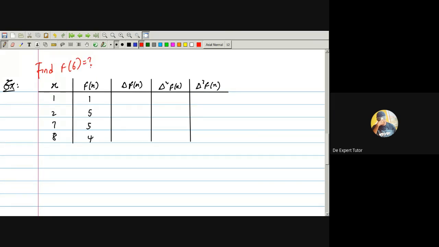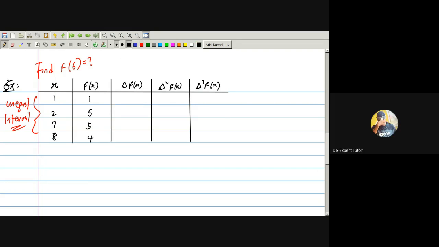You can see that the values are on equal intervals. So divided difference can work for that, and Lagrange interpolation can also work for that. But now what do we do? Don't forget, we are going to find what will be here.